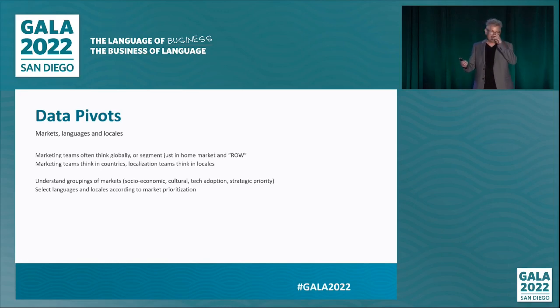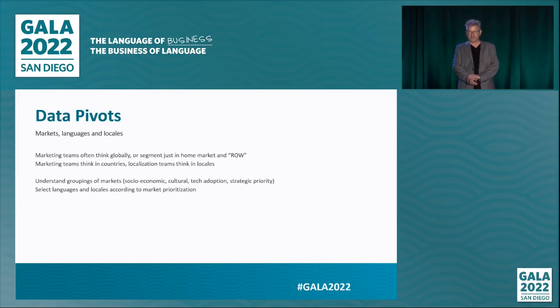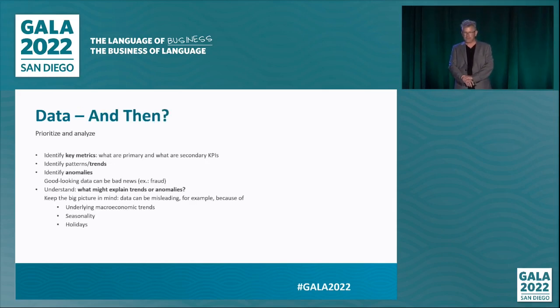So a lot of the EU countries fall under the same legislative framework, but then Brazil has similar legislation now. So you want to group those just in terms of cookie compliance, right? So basically making sure that you really understand what data you want to pivot to.